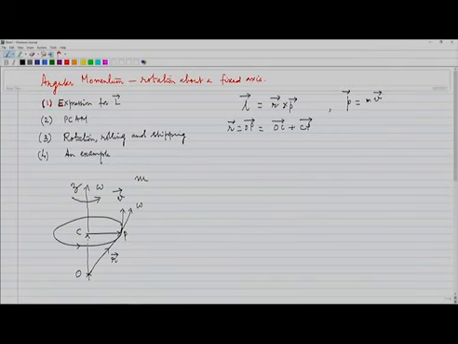Now I will calculate L. The angular momentum vector is r, which is OC plus CP, crossed with m times v.